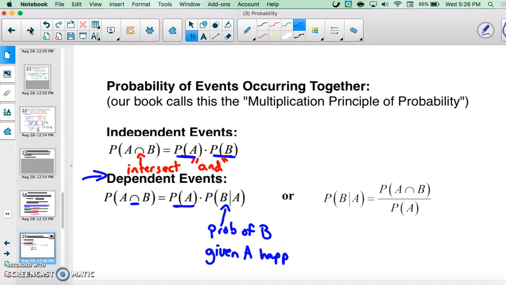So A has to happen for us to figure out that probability of B. Another way you could view this is by this notation, because if you just divide by P(A) on both sides, then you could rearrange it and have the B given A on its own. So that's another way you could view this.